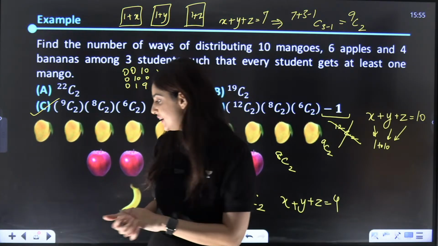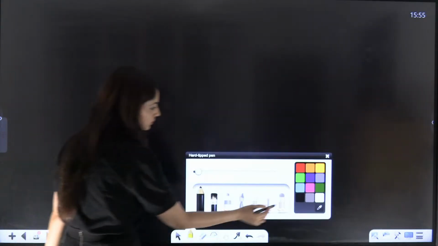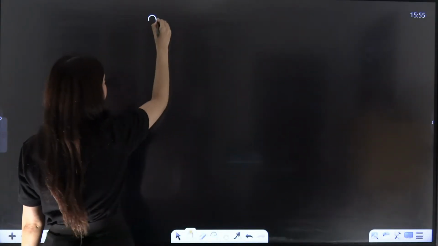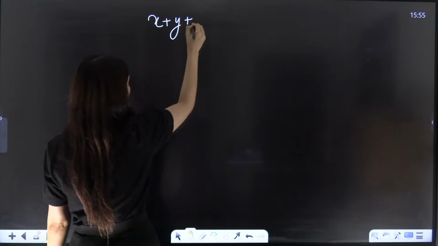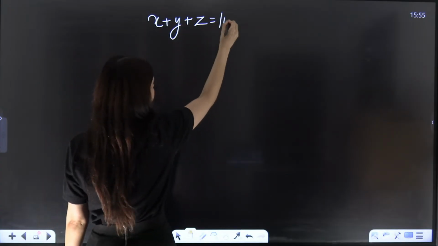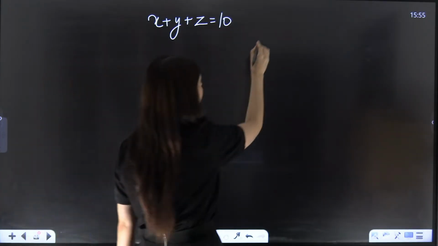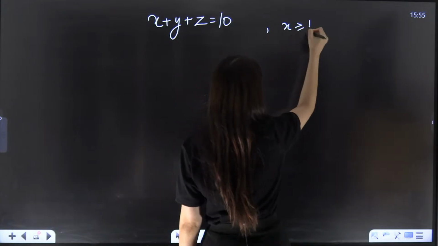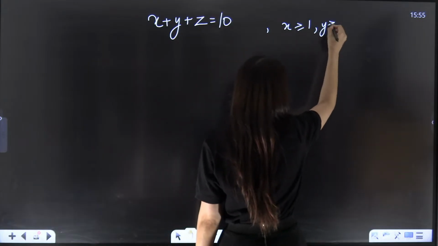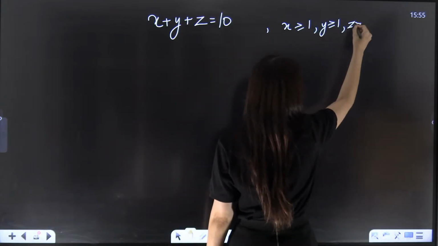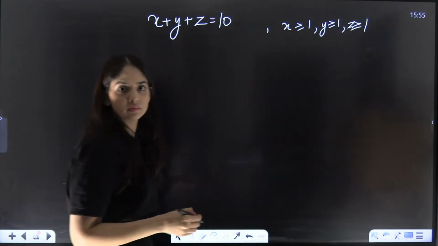Alright. Now another way of solving such problems is: x plus y plus z is equal to 10. We have a new condition. x has to be greater than or equal to 1, y has to be greater than or equal to 1, z has to be greater than or equal to 1. Okay.